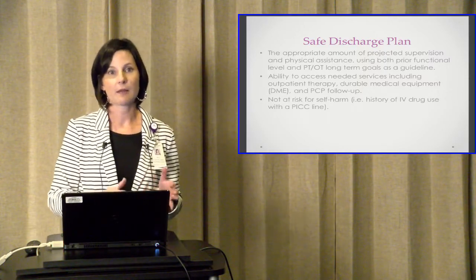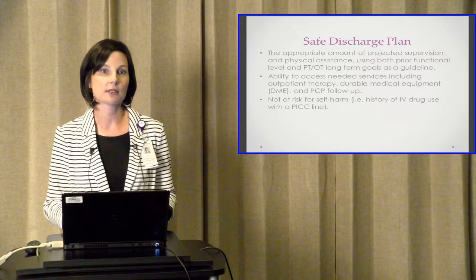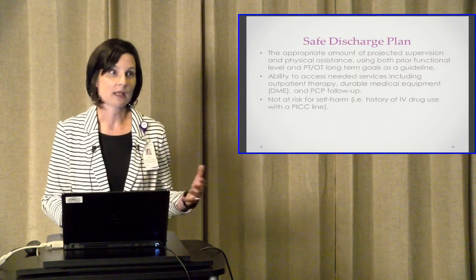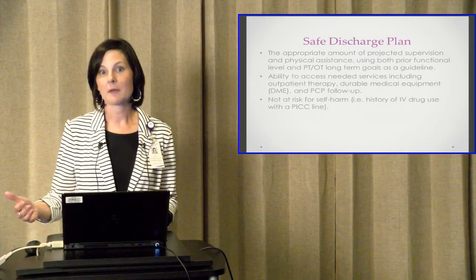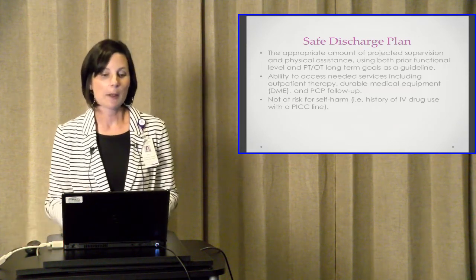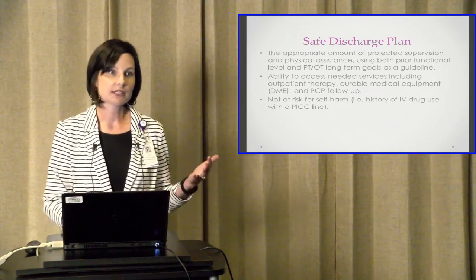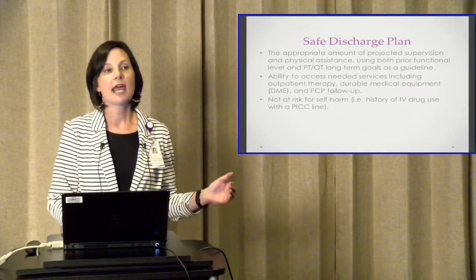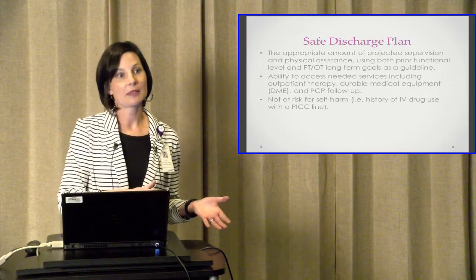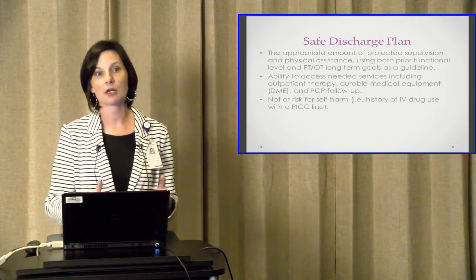So I oftentimes will use those long-term goals in addition to my experience as an OT to determine about what we expect a patient will do at discharge. Let's just say we have someone who's had a pretty severe stroke and they're requiring the assistance of 2 therapists to get in and out of bed and on and off the toilet.